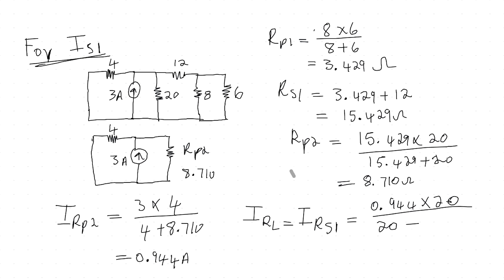So 20 plus 15.429. Therefore, what's the current? 0.533 amps.